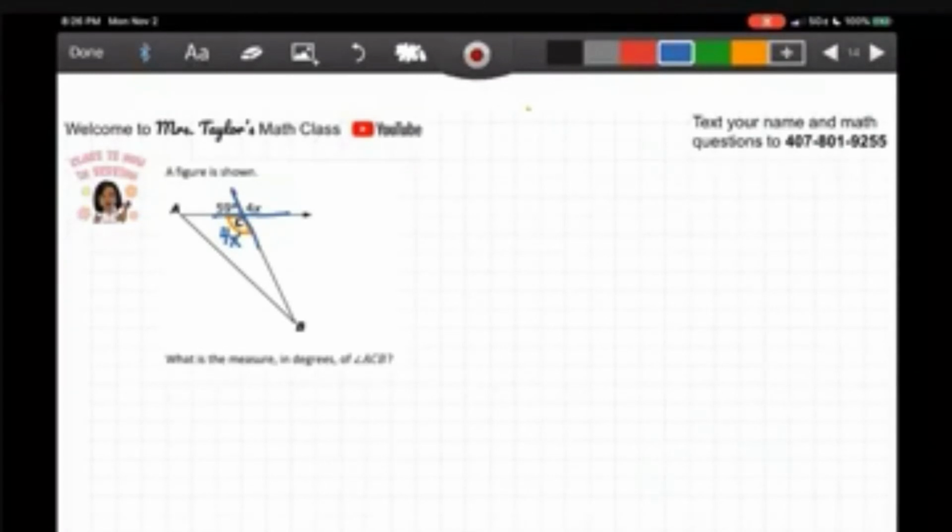So what we're going to do, I also know that the angle that is 59 plus the 4x is going to give me 180 degrees because that makes a straight angle. So what I need to do is just basically solve for x.